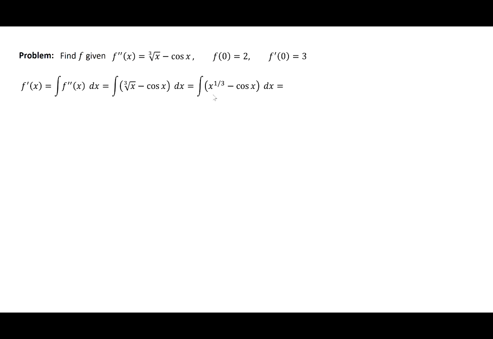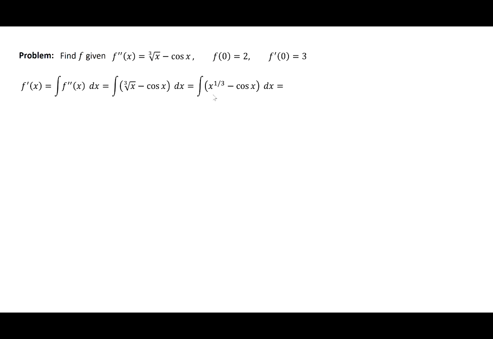So the integral becomes x to the 4/3 over 4/3. Are you with me? The integral of x to the 1/3 would be x to the 1/3 plus 1 over 1/3 plus 1. But 1/3 plus 1 is 4/3. So we have x to the 4/3 over 4/3. Let me ask you, instead of saying over 4/3, could I flip that and say times 3/4?